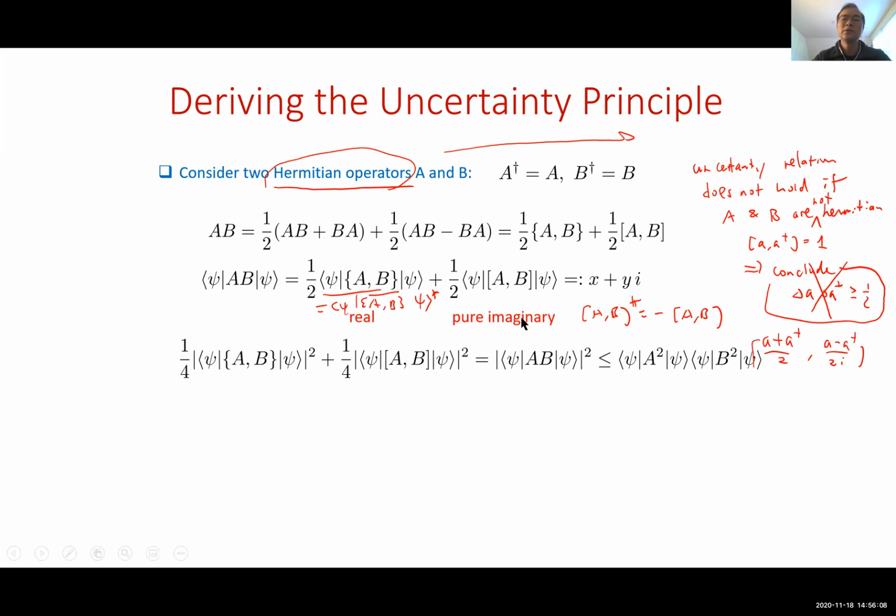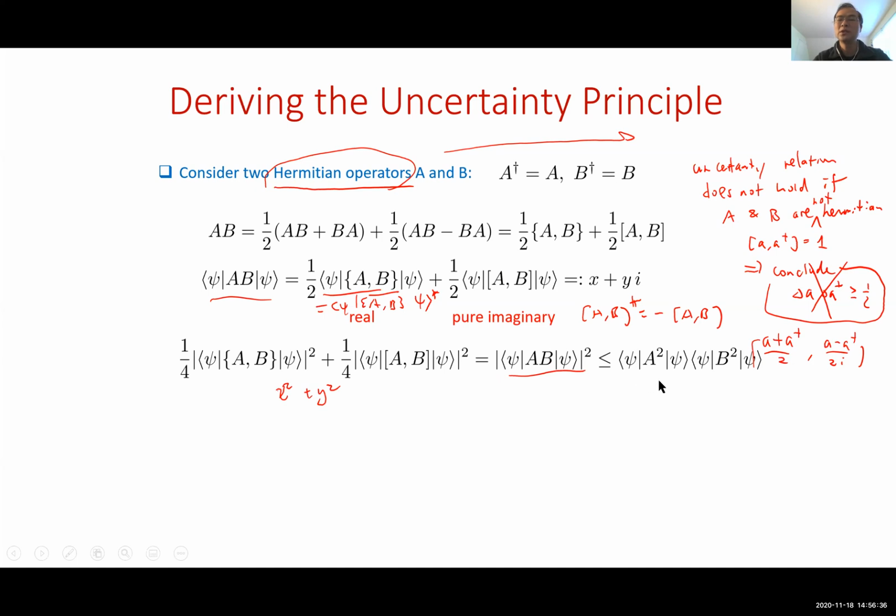If you take the absolute value square, you are writing these squared and adding them, x squared plus y squared, which is the total absolute value square.